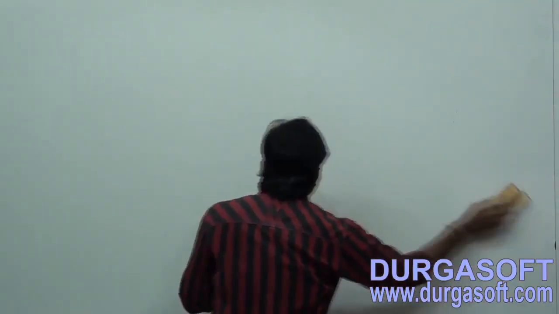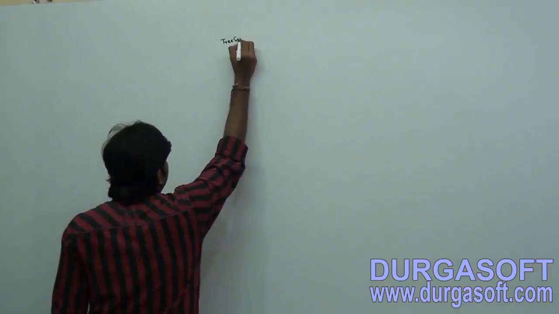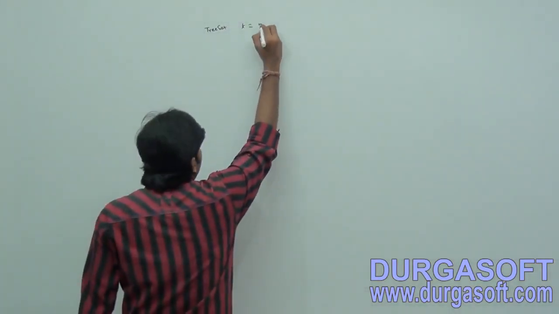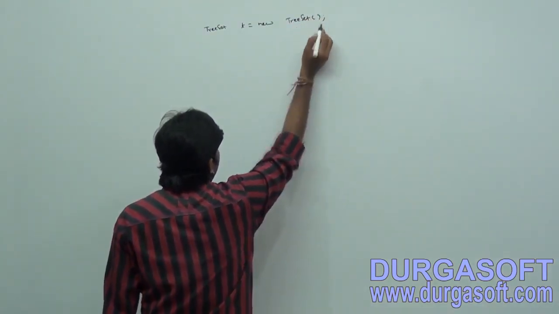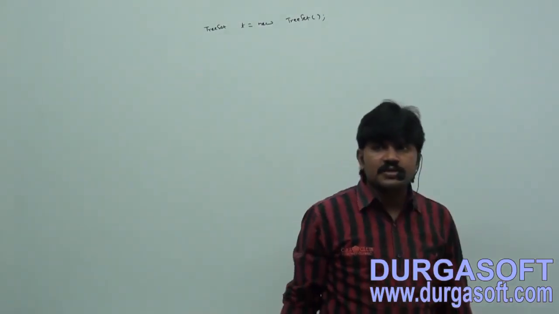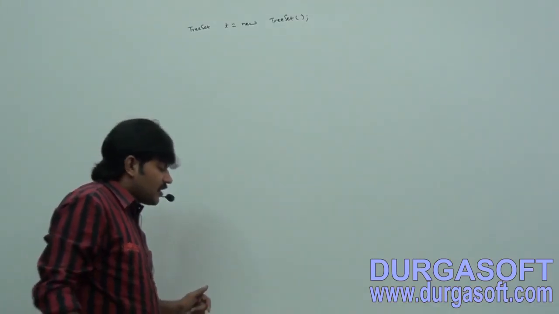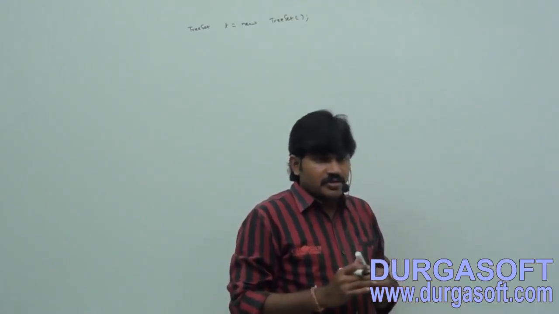Here I am taking, observe very carefully, TreeSet t = new TreeSet. This creates an empty TreeSet object where the elements will be inserted based on the default natural sorting order.